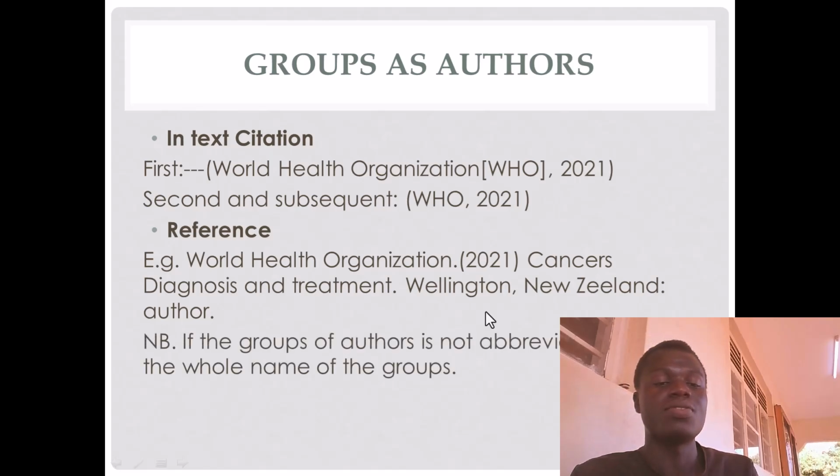There is a note here for you: if the group of authors is not abbreviated, you put the whole name of the group in all your citations. Because there are very many organizational groups whose names are not abbreviated, you need to include the whole organization or group name accordingly.